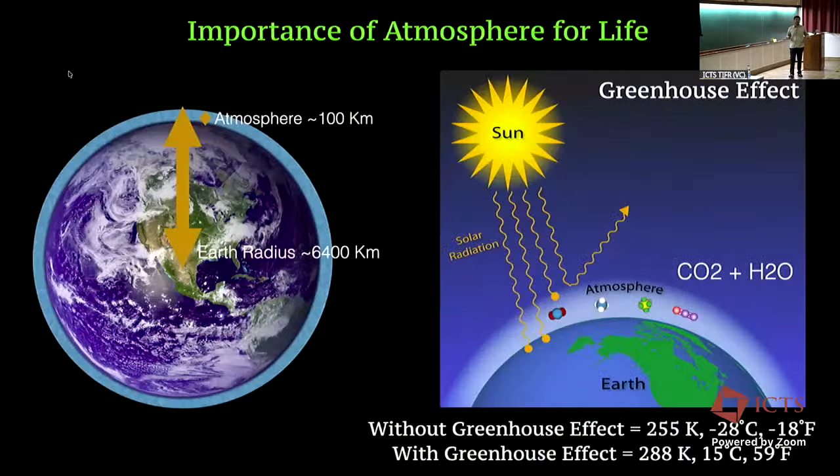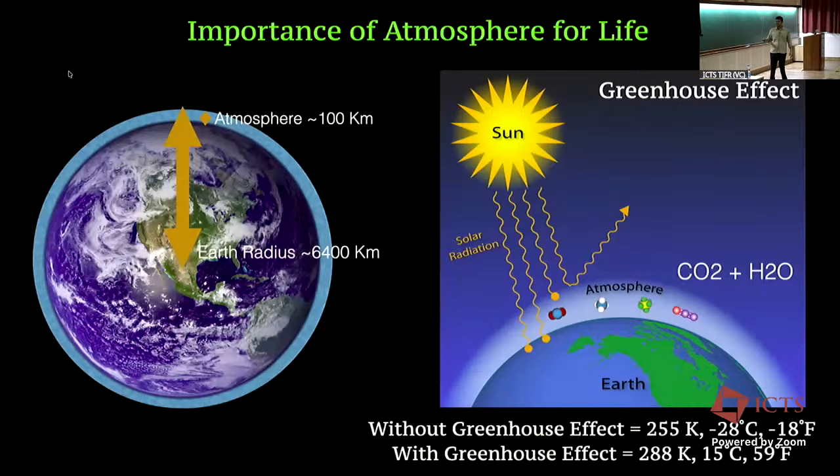Another important thing about the atmosphere is that it is very important for life. And we see this for Earth. The atmosphere is very thin, basically 100 kilometers compared to the total radius of the Earth. But because of the presence of the atmosphere, the greenhouse effect happens, and that makes life possible on Earth. Without the greenhouse effect, Earth's equilibrium temperature would have been 255 Kelvin.